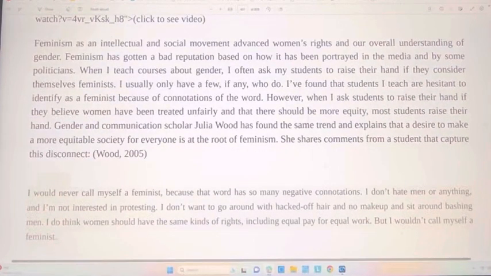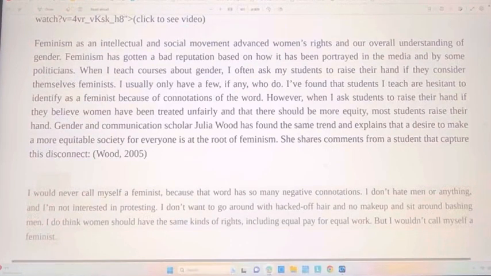Feminism, as an intellectual and social movement, advanced women's rights and our overall understanding of gender. Feminism has gotten a bad reputation based on how it has been portrayed in the media and by some politicians. When I teach courses about gender, I often ask my students to raise their hand if they consider themselves feminists. I usually only have a few, if any, who do.